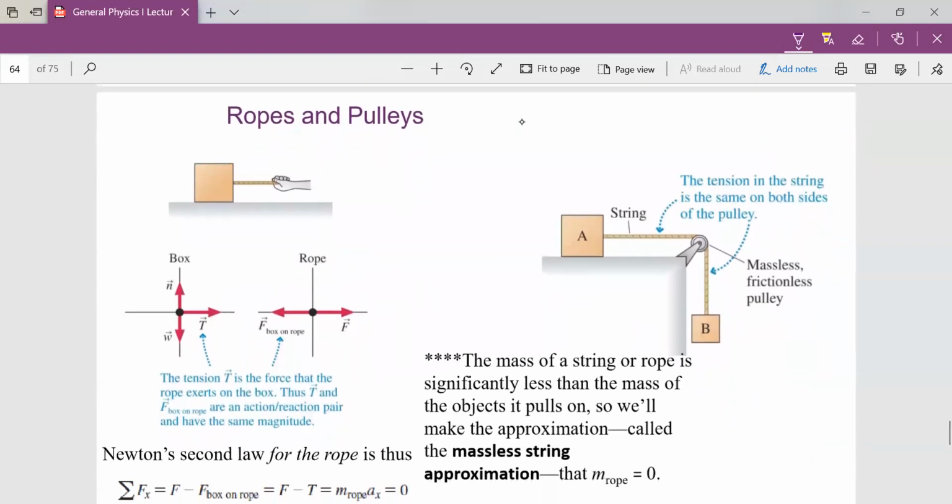Now we have seen rope. We have seen the kind of force that acts on the rope as what? The tension force. And we emphasize that the tension force will always be in the direction of the rope. So if the rope is pulling to the right or left, that is the direction of the tension force.